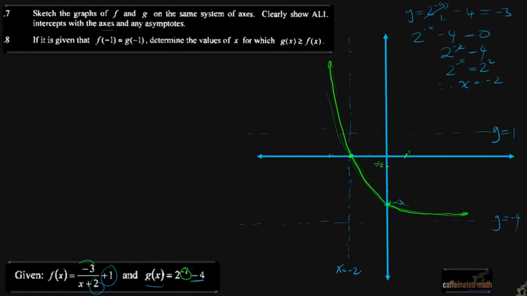And our a value is negative, which means we're going to use those two quadrants, which makes sense in terms of our asymptotes as well as the intercepts that we have calculated there.